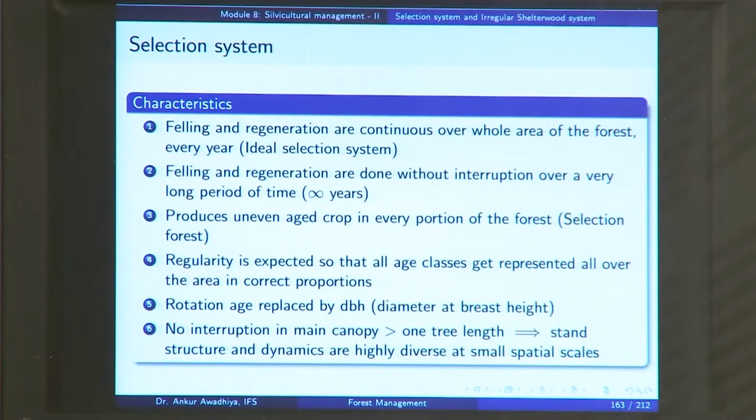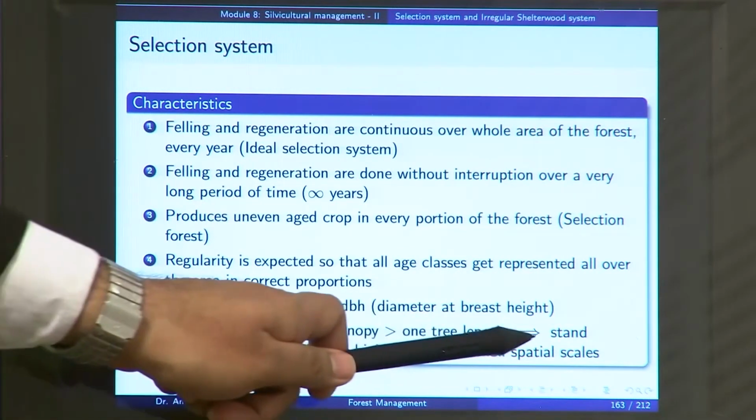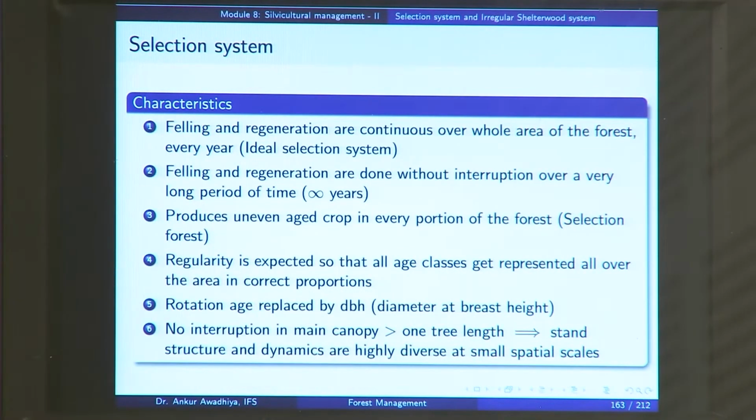So, that is your purpose to follow the selection system in forestry. So, these are the characteristics. There is no interruption in the main canopy that is greater than 1 tree length and the stand structure and dynamics are highly diverse at small spatial scales.